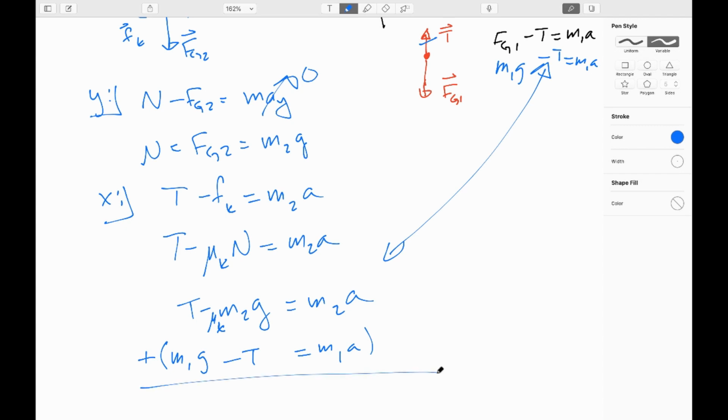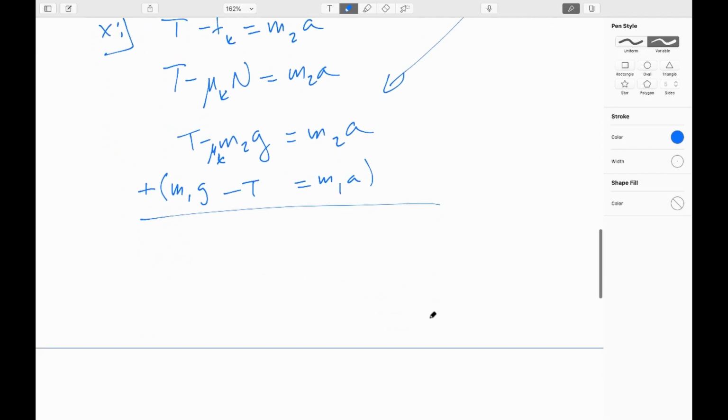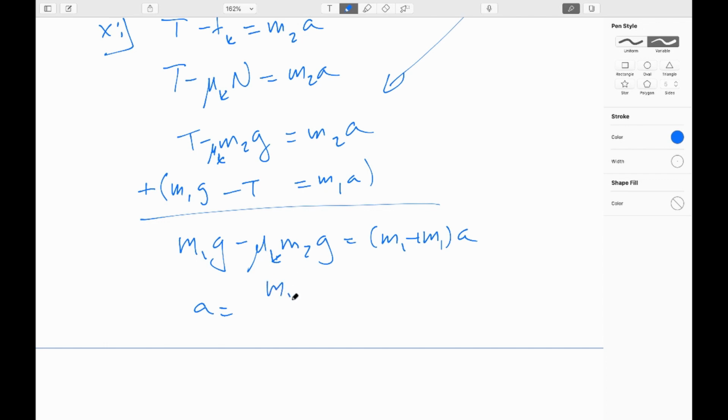So adding the two equations, the T's will cancel. I'll be left with m1g minus mu k m2g equals m1 plus m2 times a. So my acceleration will be, I can pull a g out from here, m1 minus mu k m2 over m1 plus m2, times g.